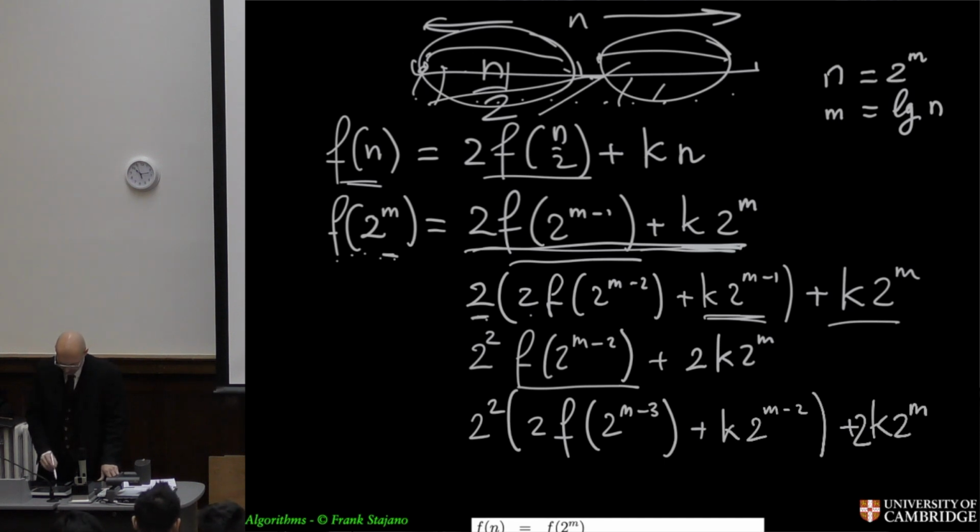So at this point, these things become 2 to the 3 f of 2 to the m minus 3.